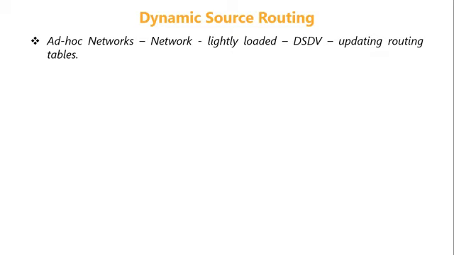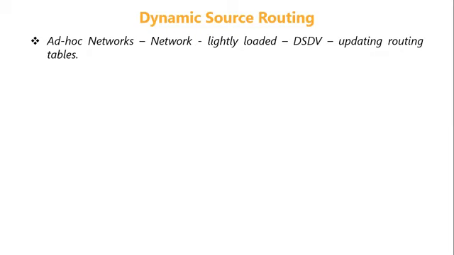Previously we have discussed briefly about DSDV, the destination sequence distance vector routing algorithm. The problem with DSDV is that the routing table has to be updated every time, even when there is a small change in the network.